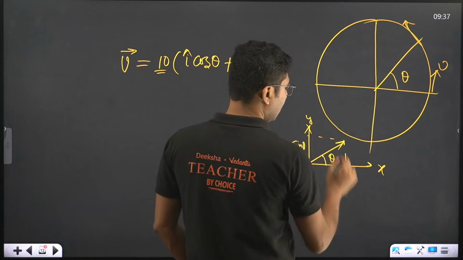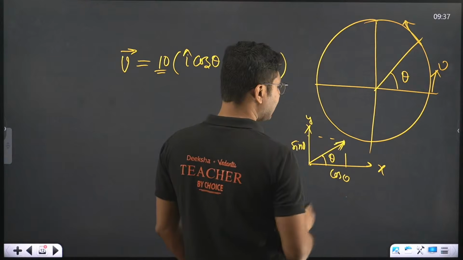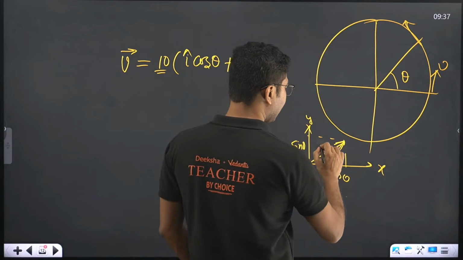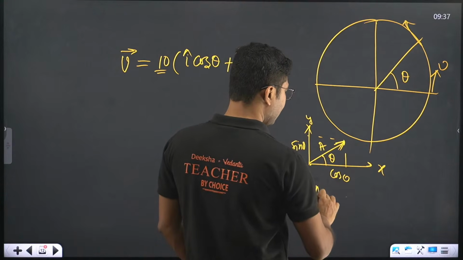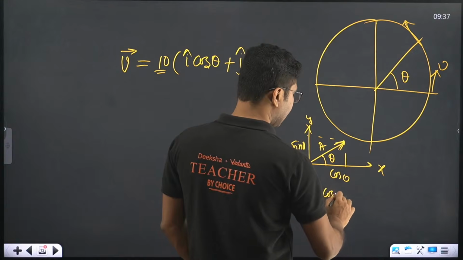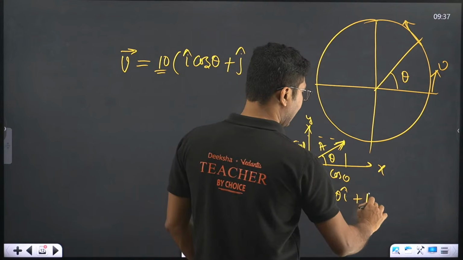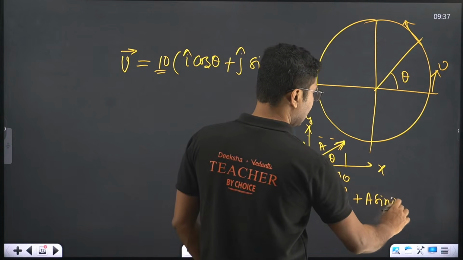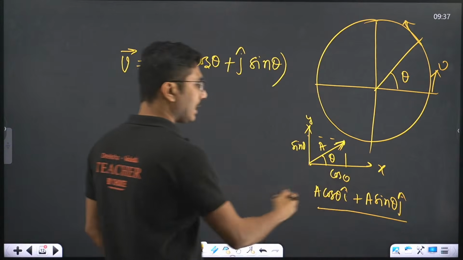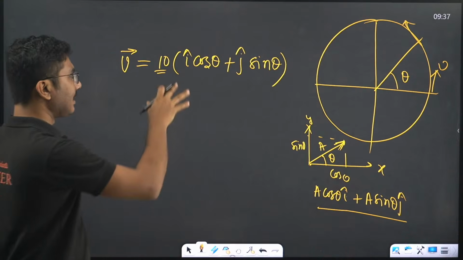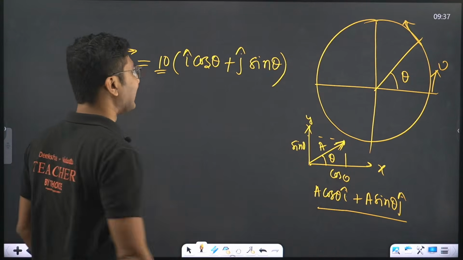This vector is represented by its magnitude. Suppose this is a, so it will be a cos theta i cap plus a sin theta j cap. You can take a common and it is left with i cap cos theta plus j cap sin theta.